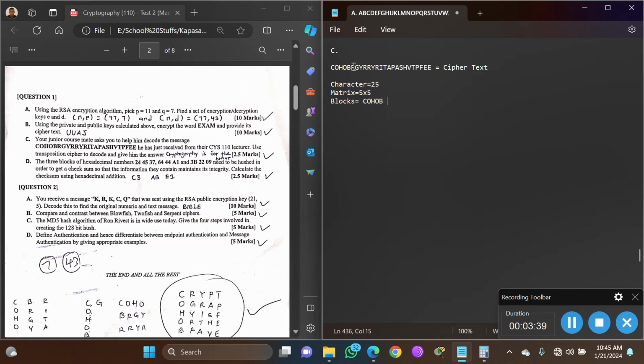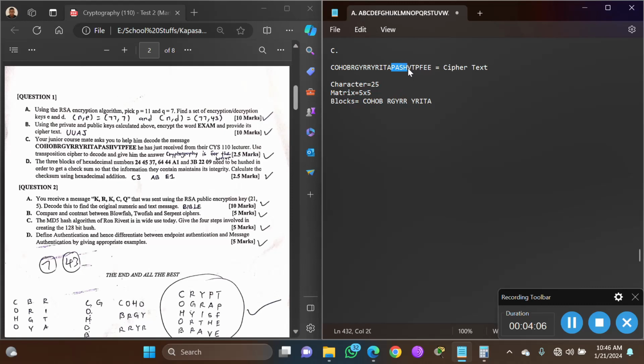So we continue the same. Again, you get 5 letters and put them into the second block. From that you now get the third 5 letters and put them into the third block.